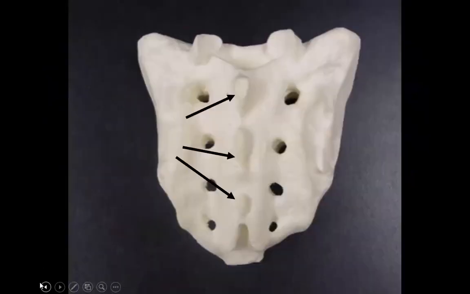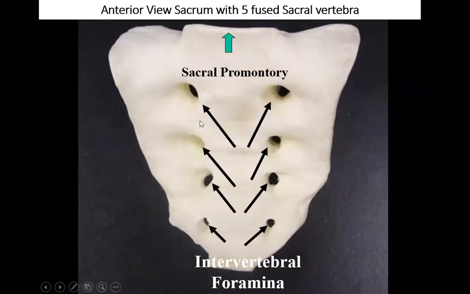Oops, let me go back. Each one of these openings is the opening for an intervertebral foramen, and a spinal nerve will be going in towards the spinal cord through here and through here.